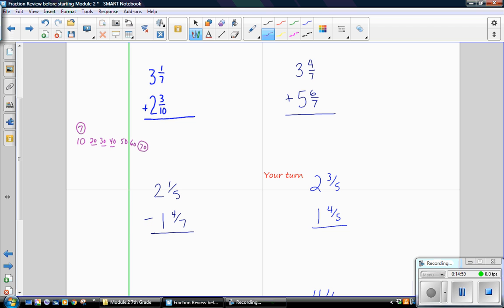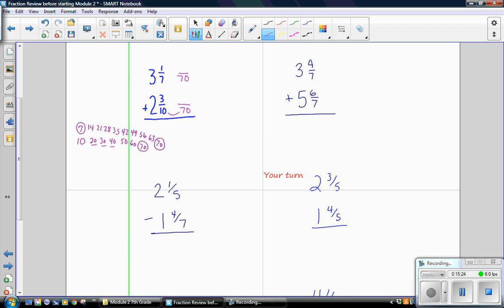I could list all the multiples of 7 as well, showing that 70 is the least common multiple. So I'm going to rewrite this fraction using 70 as my common denominator.